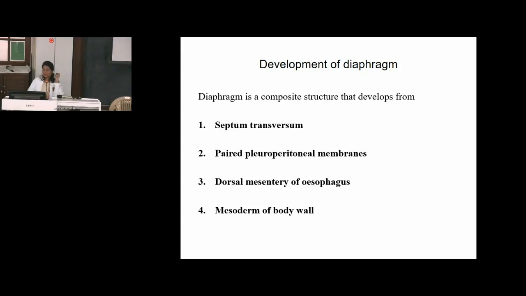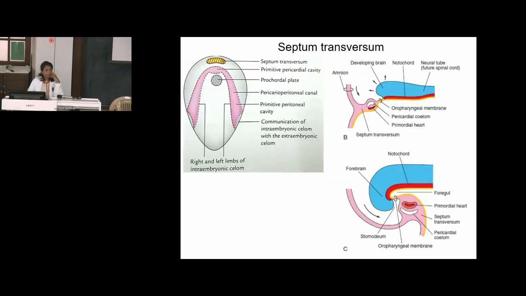Now we'll see first, we know the location of the septum transversum. Before the head fold, it is the cranial-most structure. After the septum transversum we get the primitive pericardiac cavity, and then the prechordal plate here we can see. So the pericardiac cavity is lying dorsal to the developing heart just before the head fold.